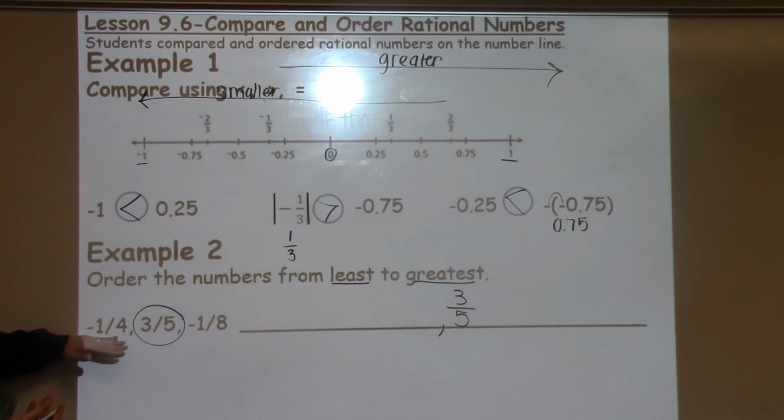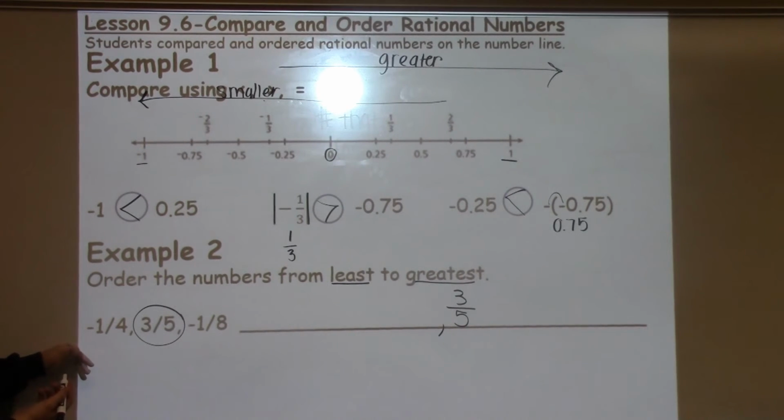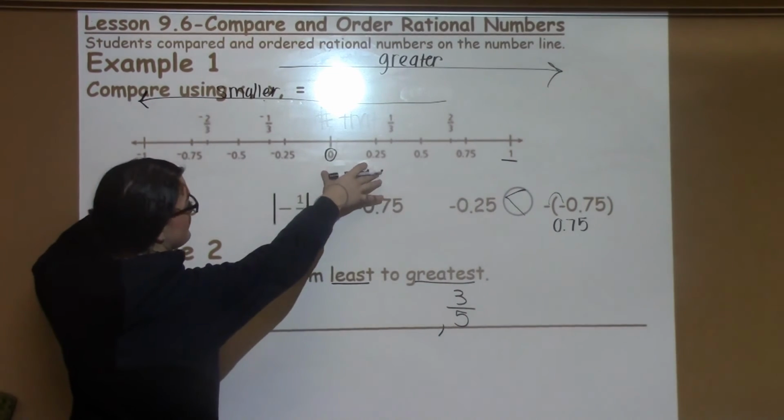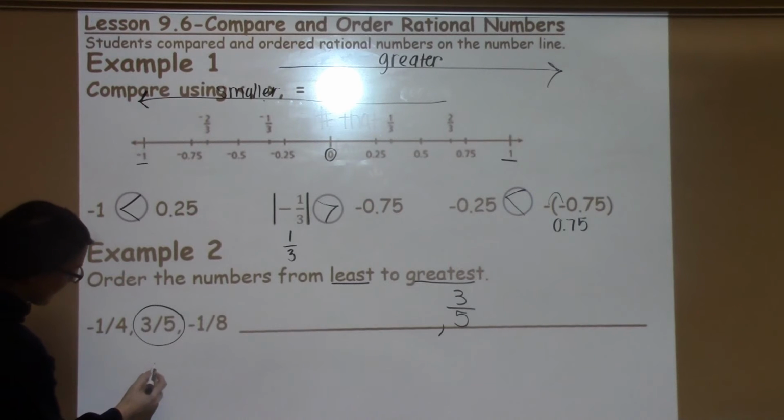So now I need to decide which one is bigger and smaller in regards to -1/4 and -1/8. Now I could look at my number line resource, but I don't have fourths written up there, so I might just have to do some comparing myself.